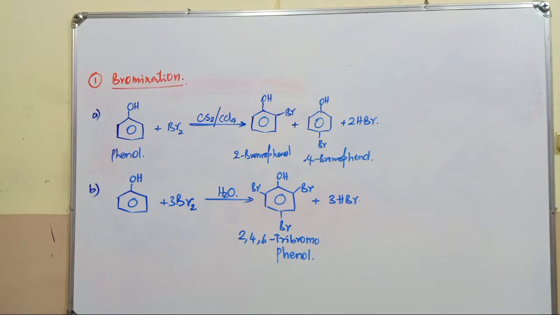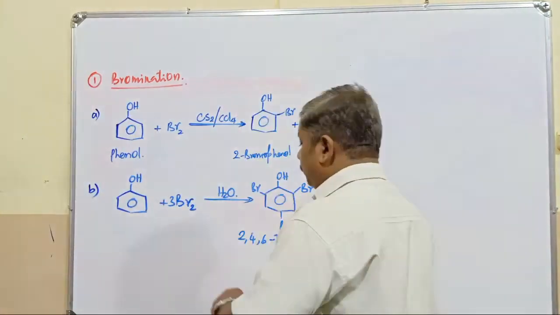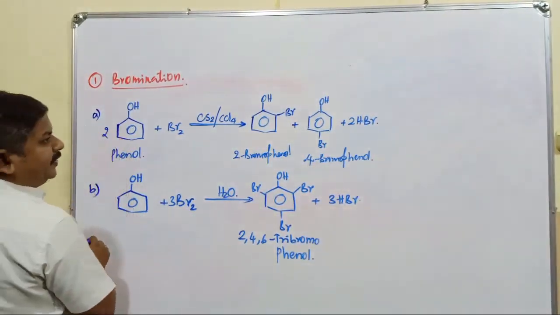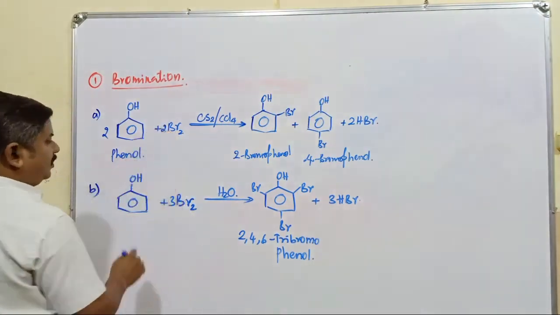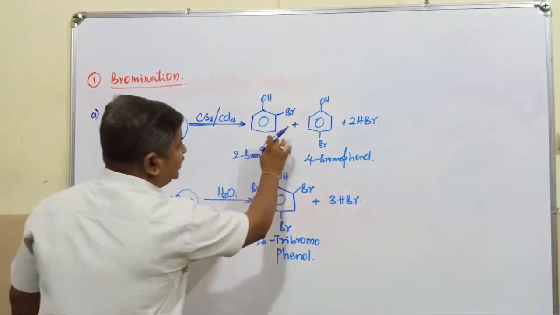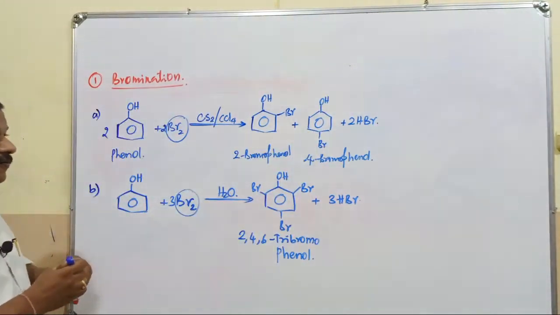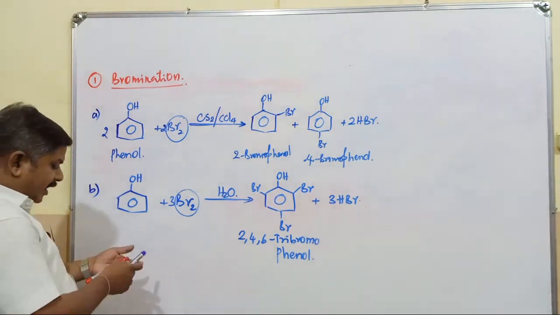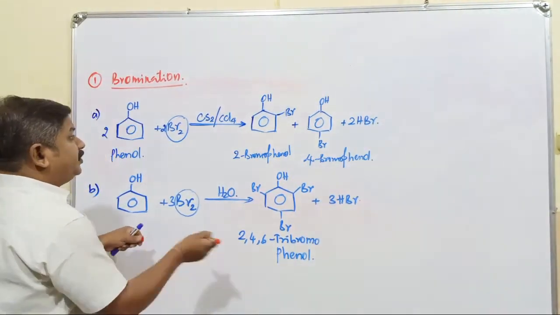Then the question arises, why this difference in the formation of product when the same bromine is present here as well as here? It is 2 moles we can take, 2 moles of bromine. This is also bromine, this is also bromine, but the product is going to be different in these two reactions. Why is there a difference? It is mainly because of solvent.